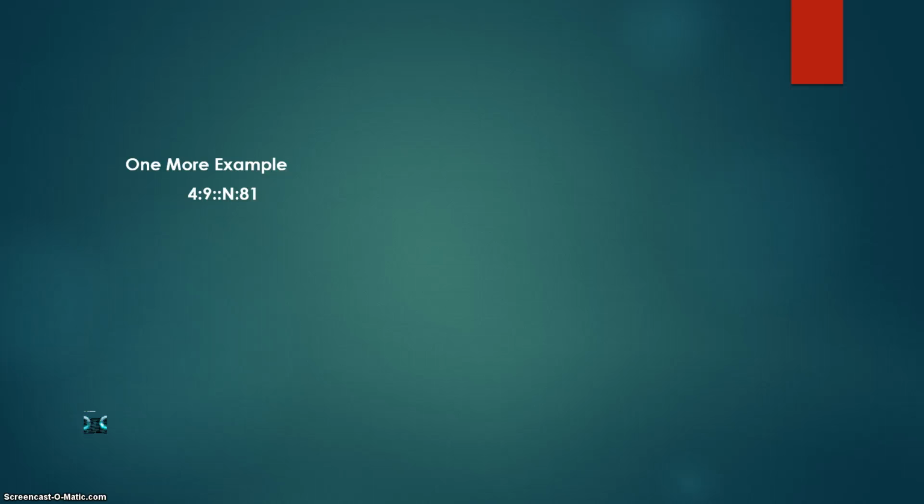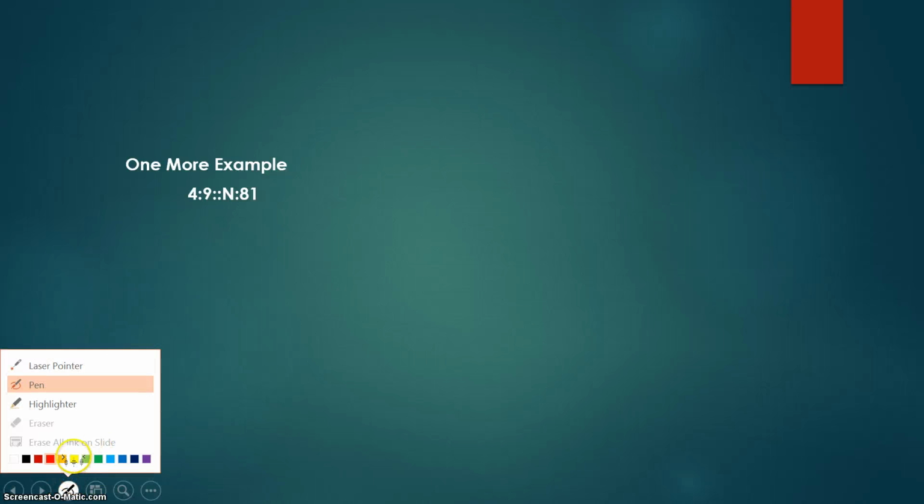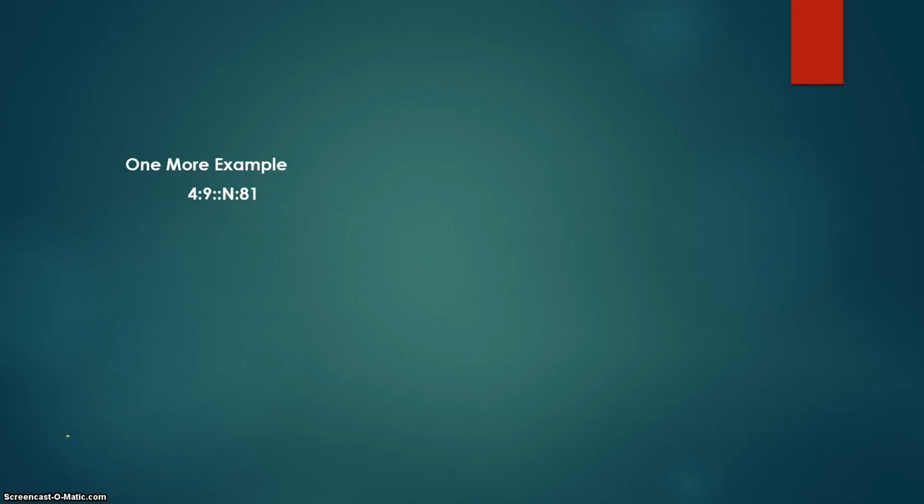One more example. So 4 to 9 equals n to 81. Our steps here require us to rewrite as a fraction. So we have 4 over 9 equals n over 81, right?